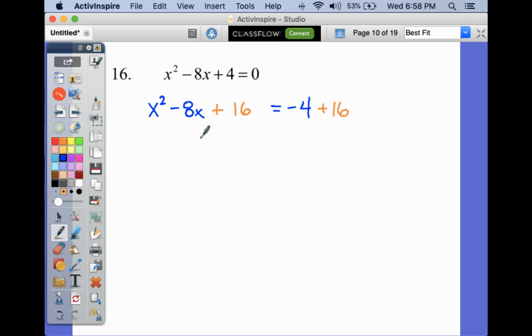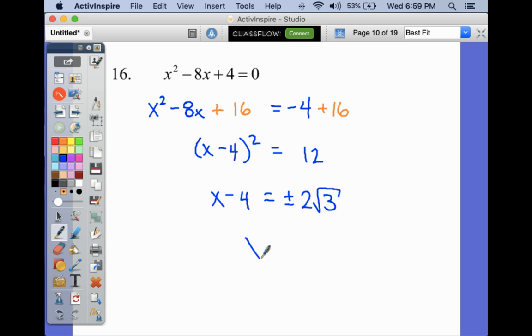So now we have quantity x minus 4 squared equals 12. We take the square root of both sides, so x minus 4 equals plus or minus 2 square root 3. And then we add the 4, we get x equals 4 plus or minus 2 square root 3.